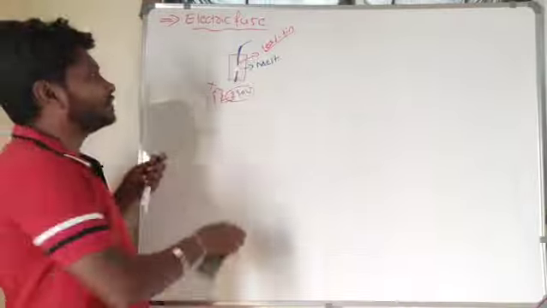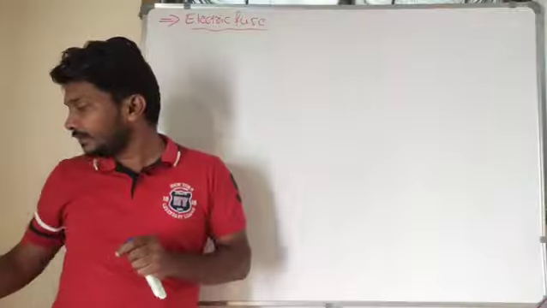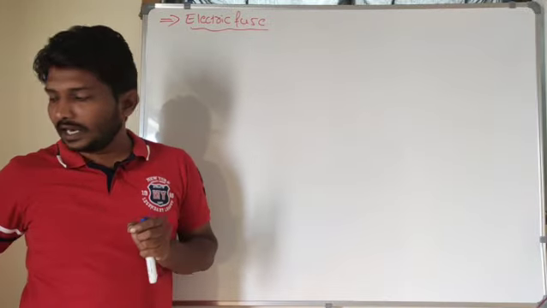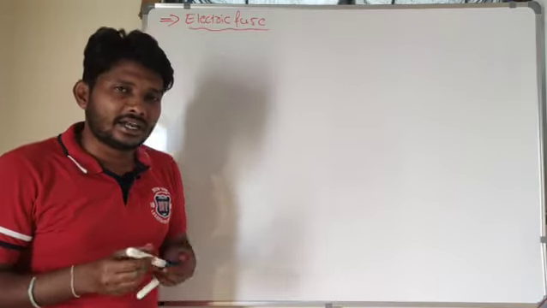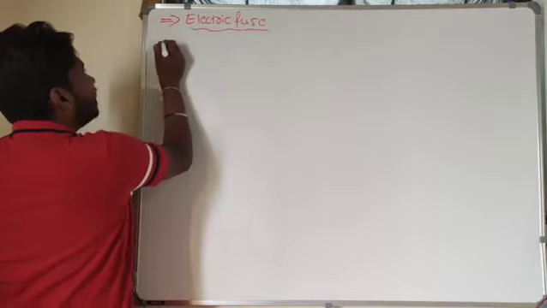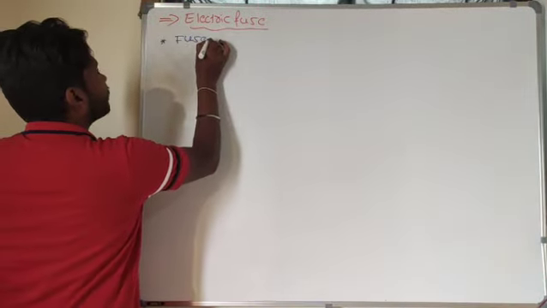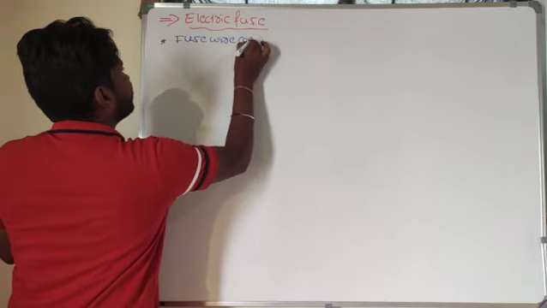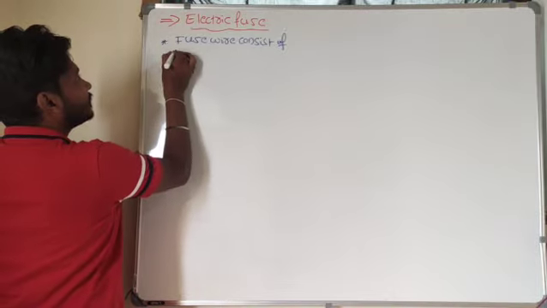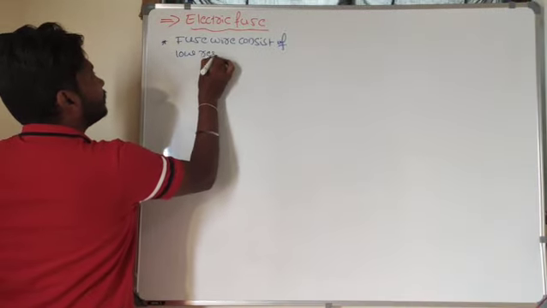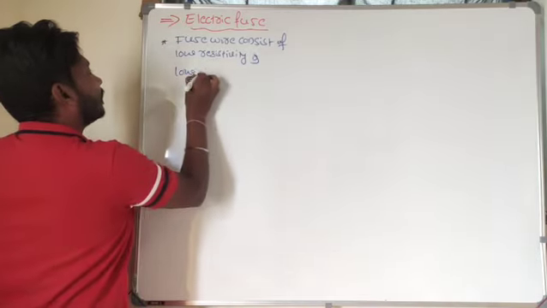Those electric fuses are made up of lead and tin. So the electric fuse wire must have low resistivity as well as a low melting point. What are the properties that the electric fuse wire consists of? Fuse wire consists of low resistivity and low melting point.